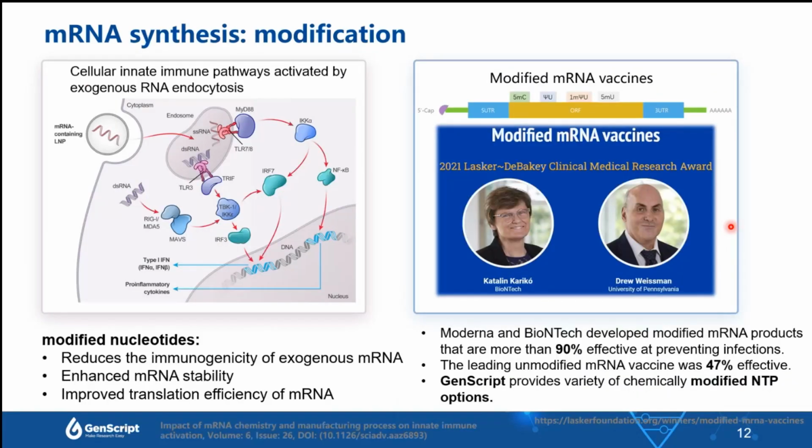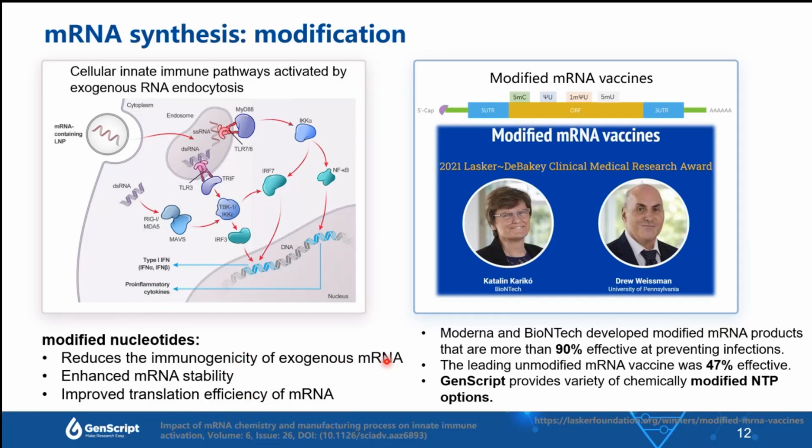And the next element is nucleotide modification. So why do we have to modify nucleotides? Because it can reduce the immunogenicity of exogenous mRNA, and also can enhance mRNA stability and improve the translation efficiency of mRNA.